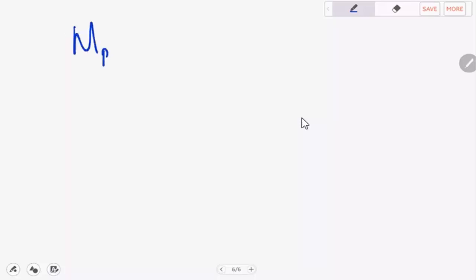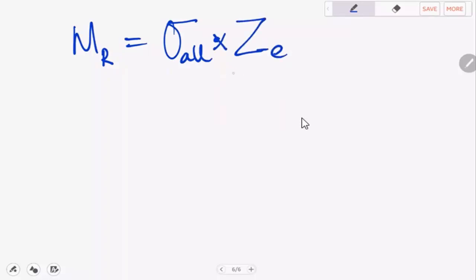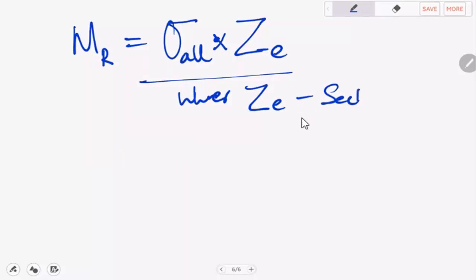Moment of resistance. Do you remember the fundamental bending formula, which we used to say moment of resistance is equal to allowable bending stress multiplied by section modulus, Z_E, where Z_E is the section modulus.